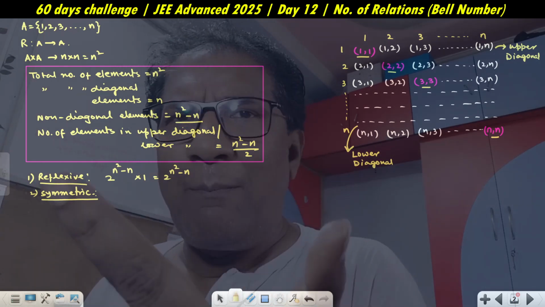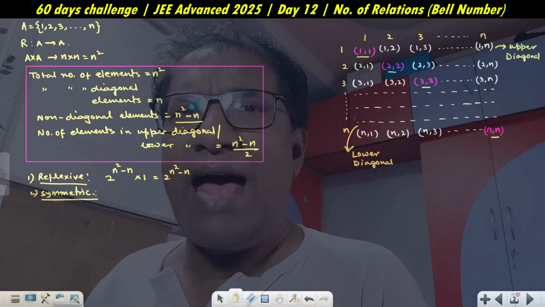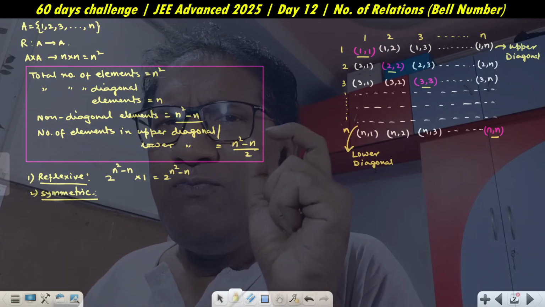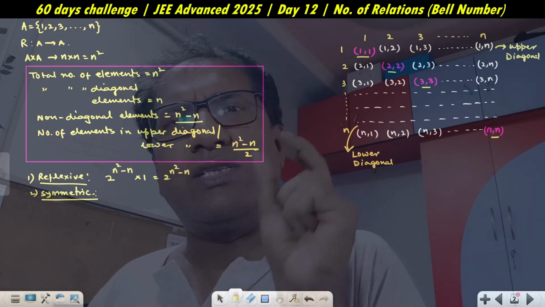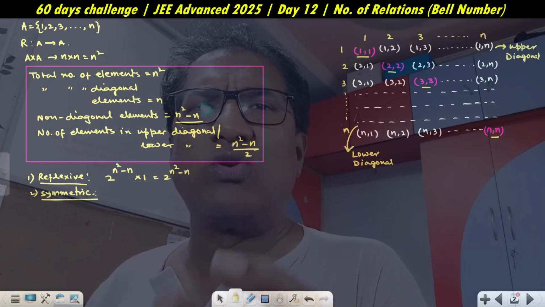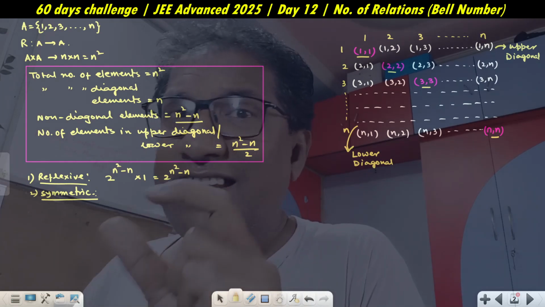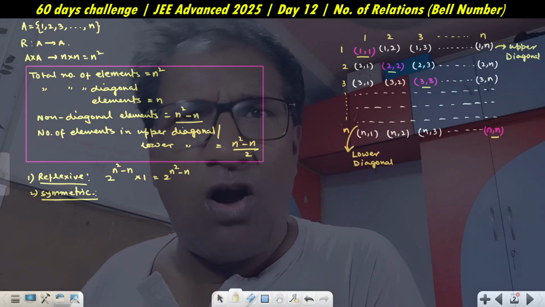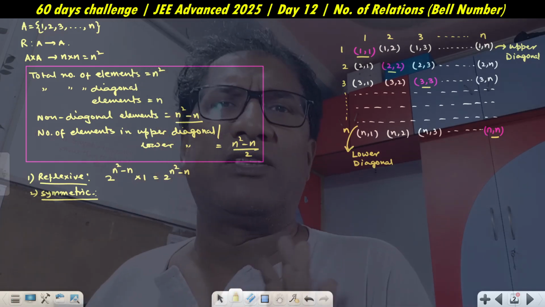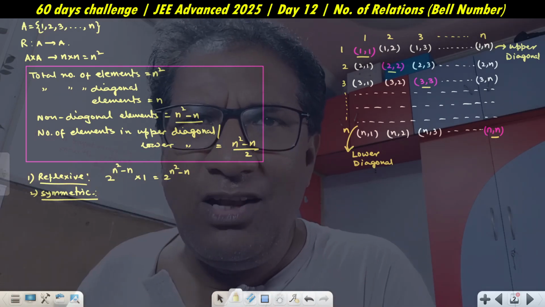Why am I saying that? Because from the upper diagonal, if I choose any element, let us say we have chosen 3, 5, by default, since it's a symmetric relation, I will take 5, 3, which is actually in the lower diagonal.